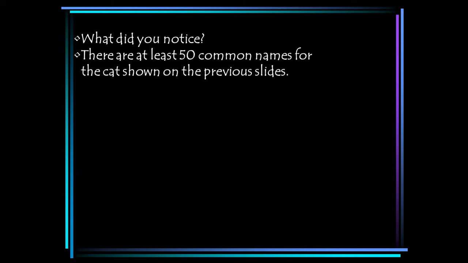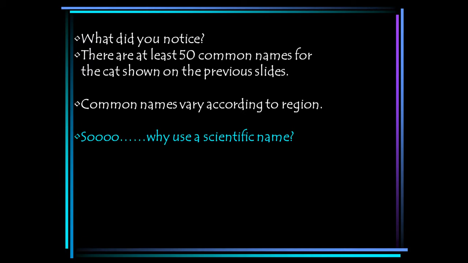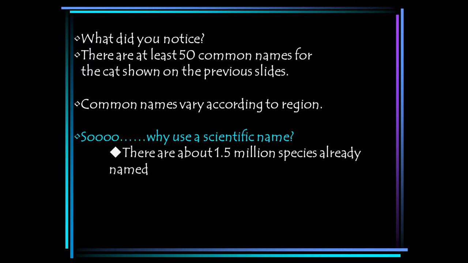There are at least 50 common names for the cat that was shown on the previous slide. Common names vary according to the region that the organism is found in. So, why would we use a scientific name instead? Probably because there are about 1.5 million species that have already been named, and as you can see, the same organism can have different names just by going from one region to another.